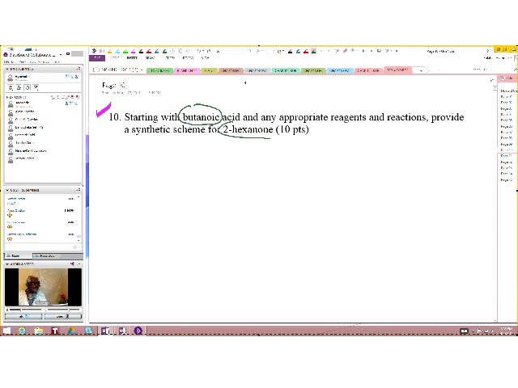So in other words, we go from here to here. We want to make a 2-hexanone.